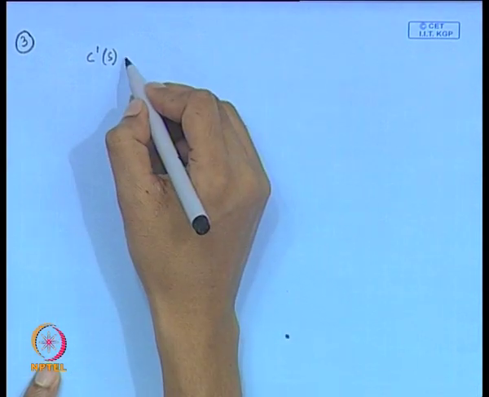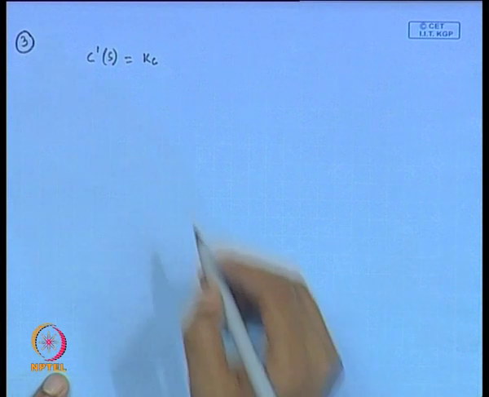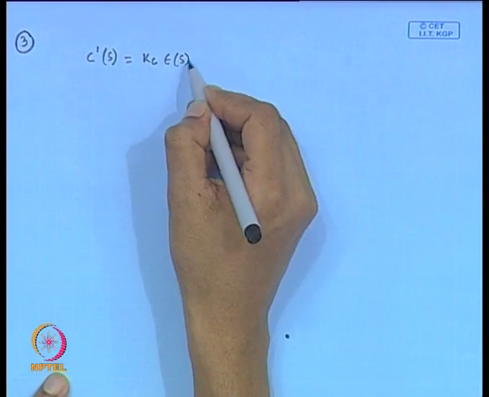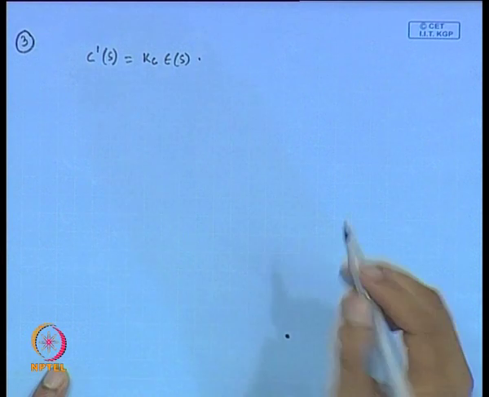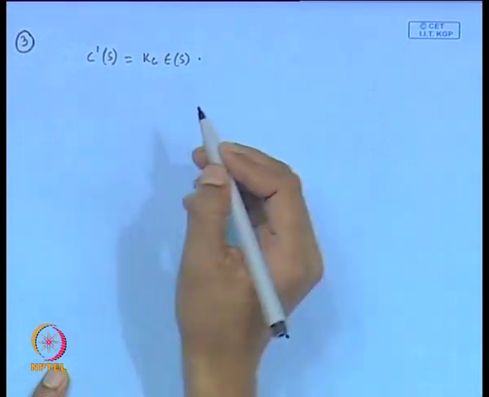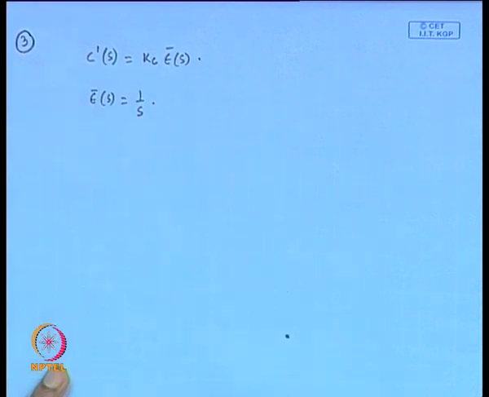Next we will discuss how the controller responds to a step change in the error signal. So, we will use the controller equation in Laplace domain. This is the P only controller equation in Laplace domain. Now, we will consider a unit step change in the error signal.